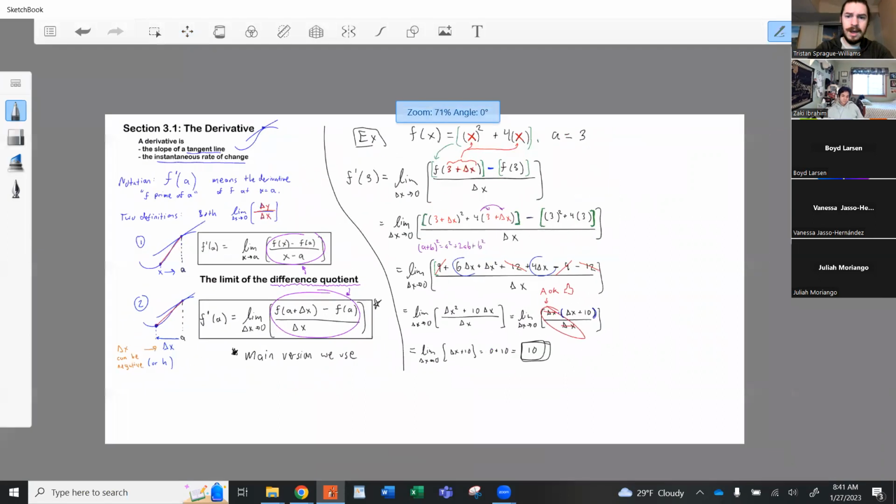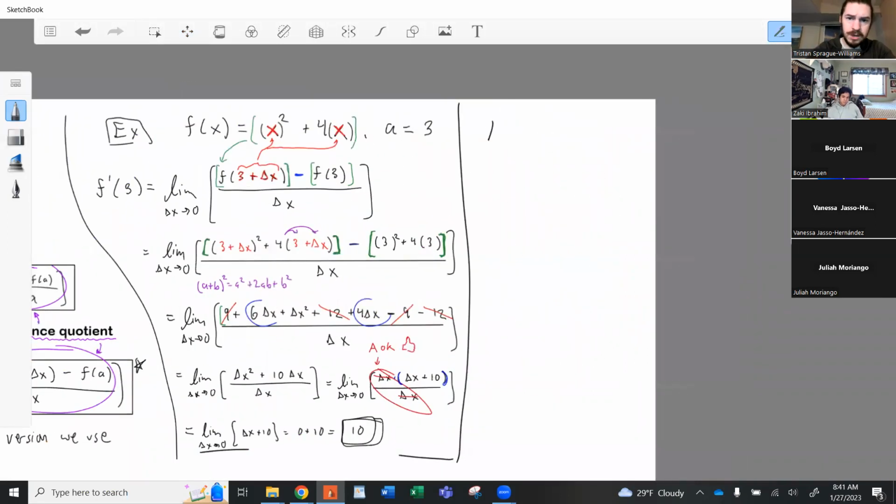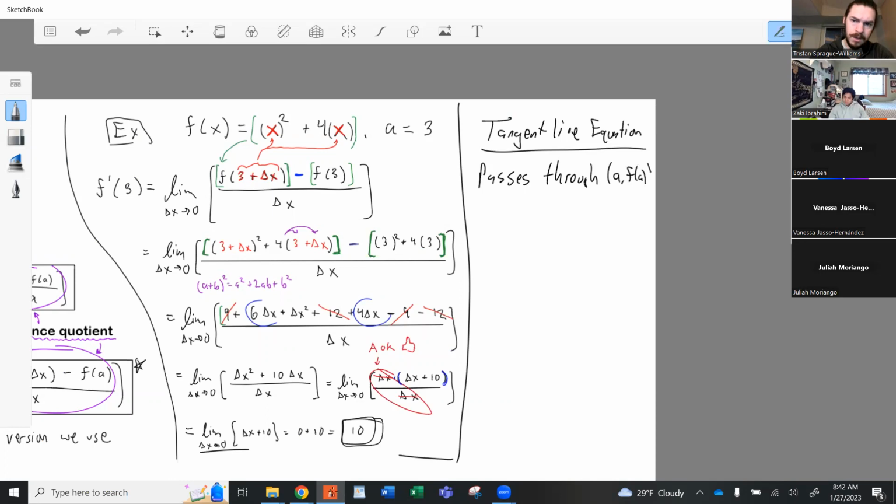Now, a tangent line equation has to pass through the point a comma f of a, which for our purposes here is going to be 3 comma f of 3.